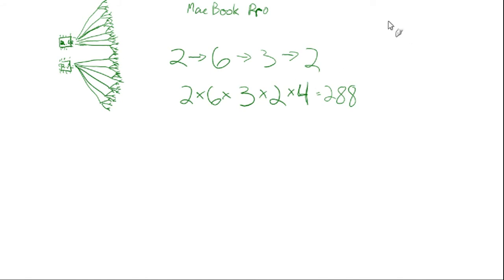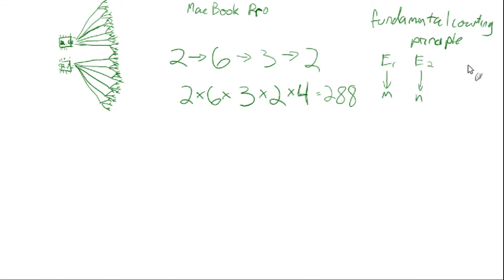Okay, so this is called the fundamental counting principle. And you may have seen it before. You know to multiply each of those things together. So the fundamental counting principle just says if there's some event, like the event that you choose a processor, and it can happen m ways, and there's some event after that, like choosing a hard drive, and that can happen n ways, and a third event that can happen p ways, and any number of events, like the last event can happen z ways.